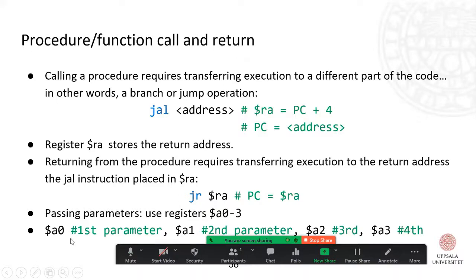When you have several parameters, the first parameter should be in A0, the second one in A1, and so on. For functions that have more than 4 arguments, other remedies are used because we only have 4 registers, but we are not going to go into those details now.